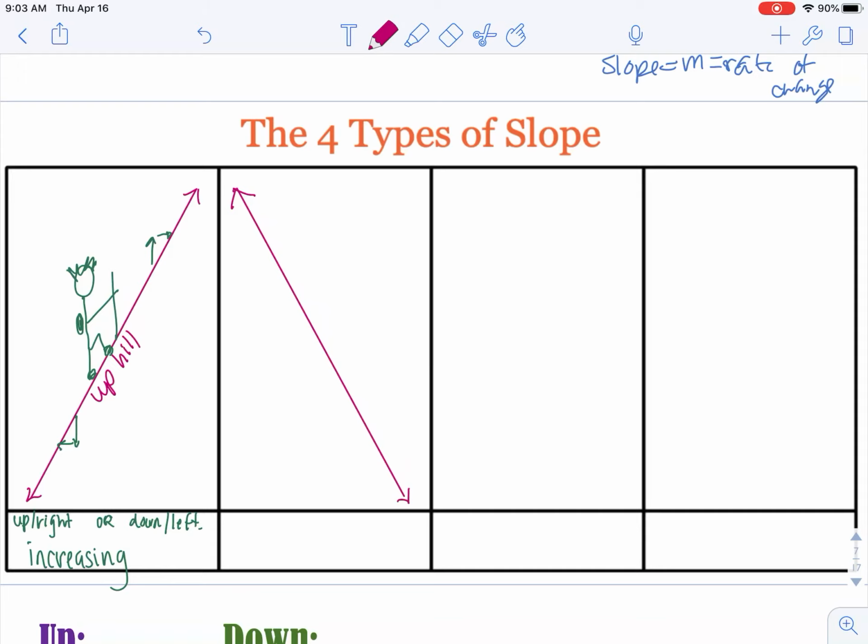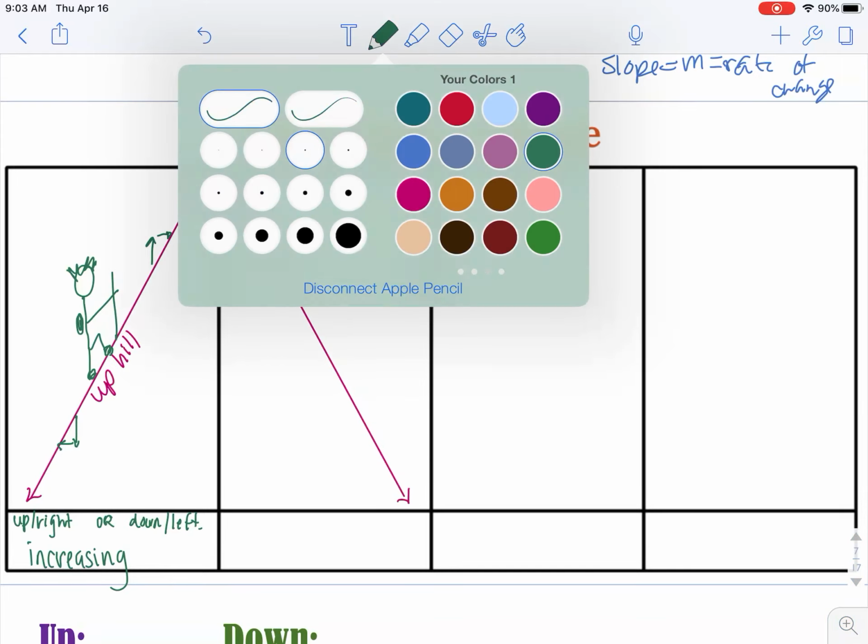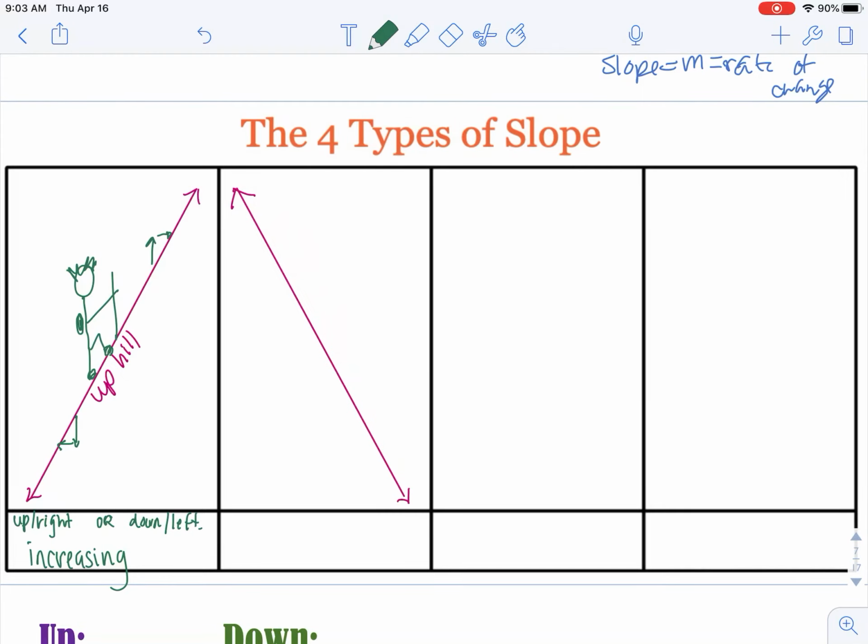All right? And our slope person, if they were on here, they would be going skiing. Because they'd be going down a hill and fast. Smile on their face. Yay! I don't know if that looks like a smile or scared. But they're going downhill. We didn't put a smile. There we go.